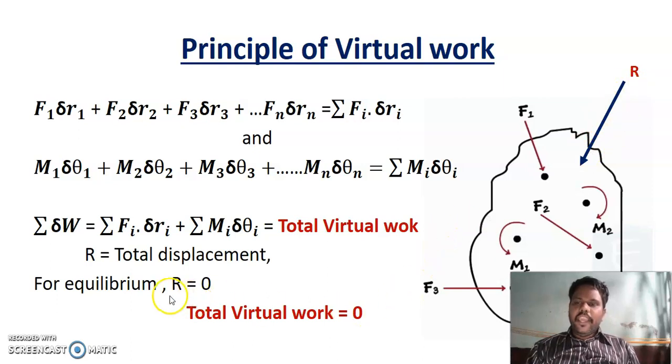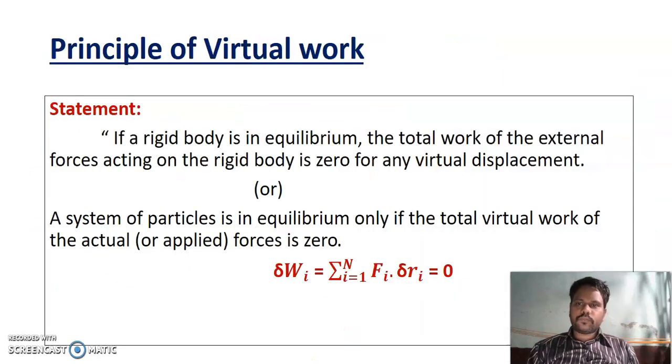However, for a body in equilibrium, the total displacement is 0. Hence, the total virtual work is 0. The principle of virtual work states a rigid body is in equilibrium if the total work done by the external forces acting on a rigid body is 0 for any virtual displacement.